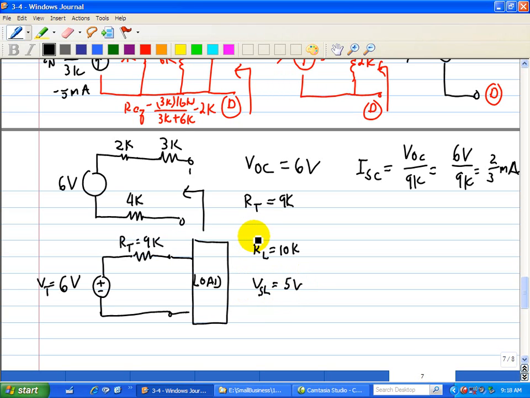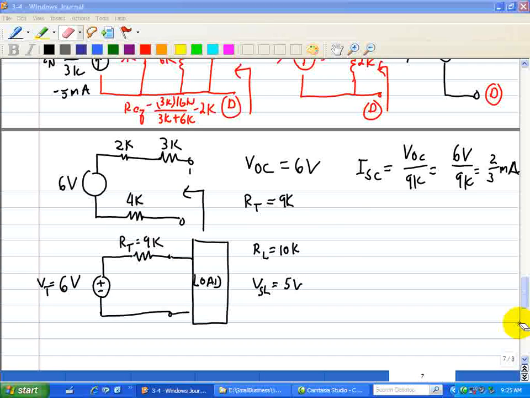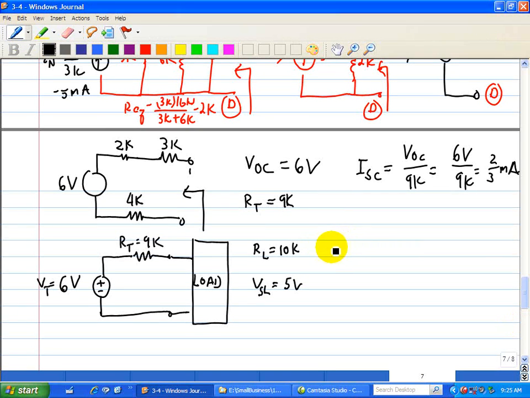So here we have RL equal to 10K. That means we have a current going through this load, call it IL1, equal to 6 volts divided by the total resistance here, 9K plus the 10K load, which is 19K, which is equal to 0.3158 milliamps.